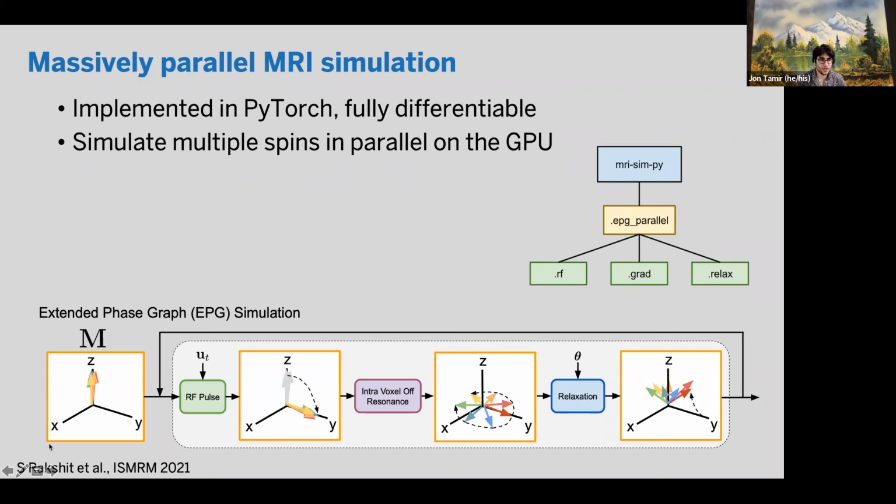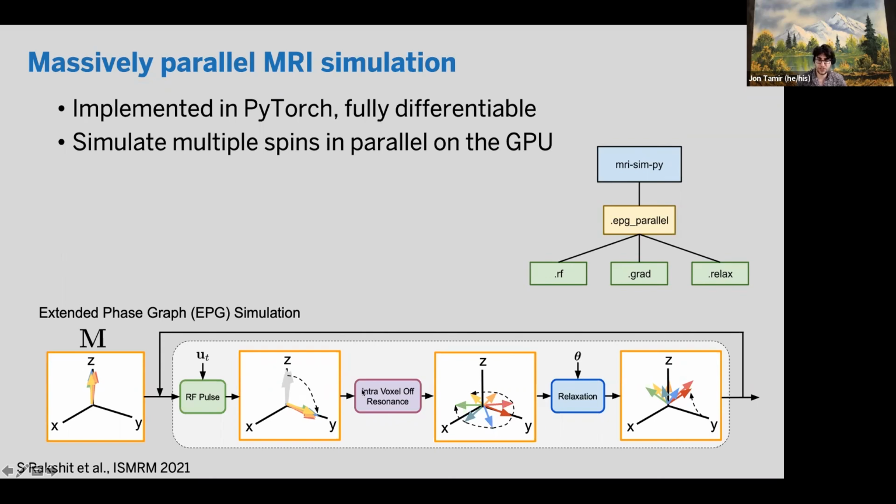And so here is an example, and we're using the extended phase graph algorithm to do this, where we start with a distribution of spins, like we said before. And then by playing particular sequence parameters, we can perturb the spin distribution. In particular, we will choose RF pulses that will cause the spins to rotate.